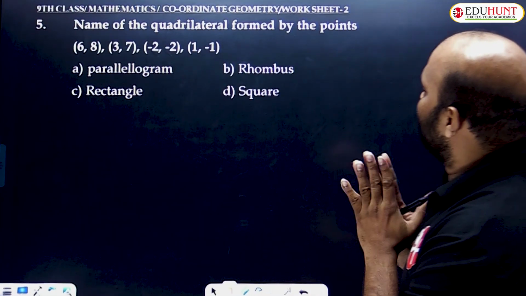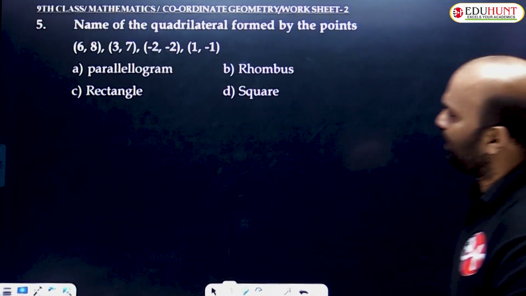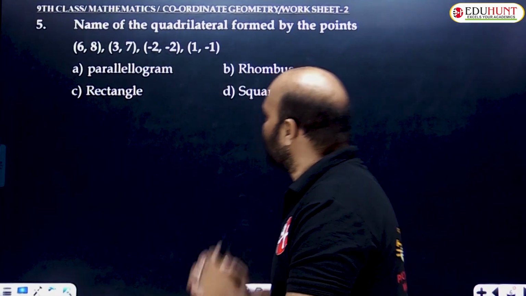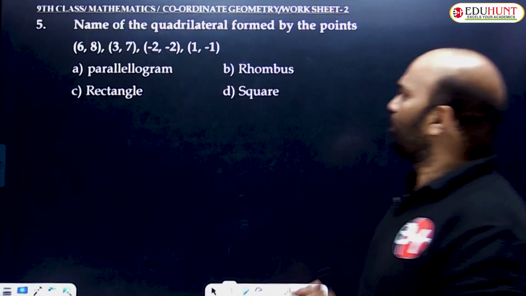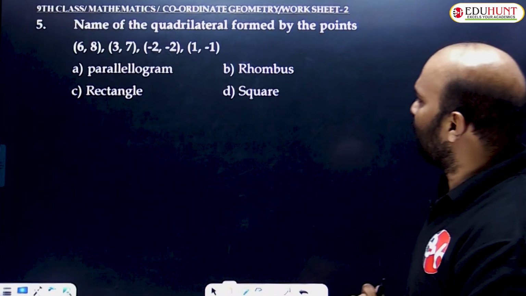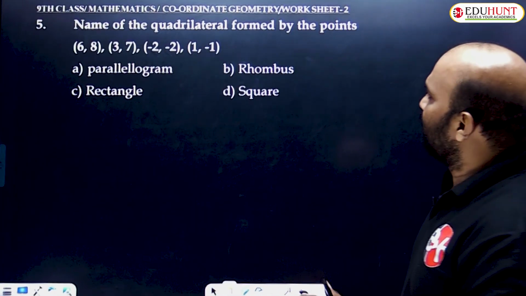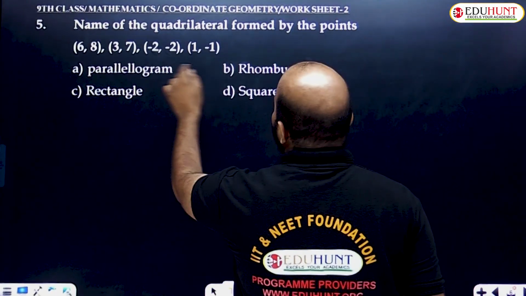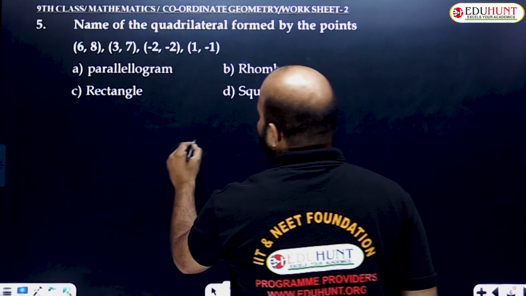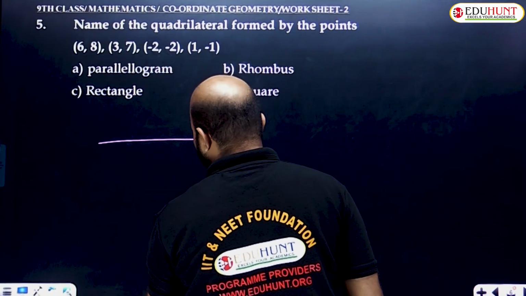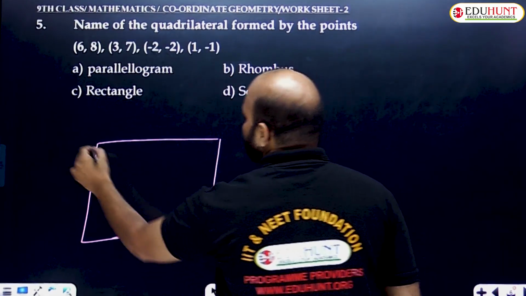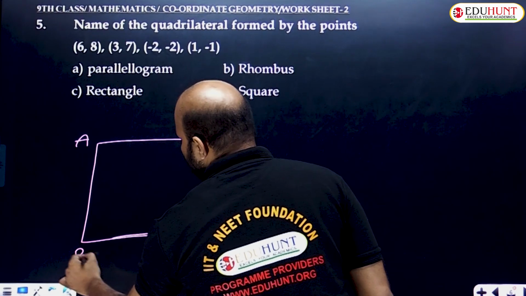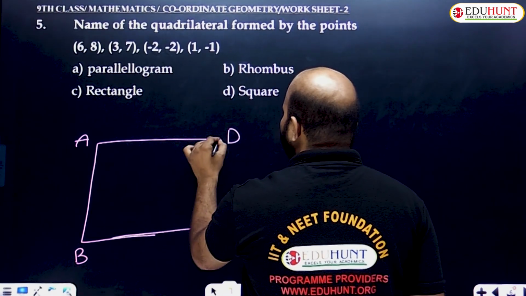Name the quadrilateral formed by the points (6, 8), (3, 7), (-2, -2), and (1, -1). Option A parallelogram, option B rhombus, option C rectangle, option D square. So here a quadrilateral is given. ABCD is a quadrilateral.